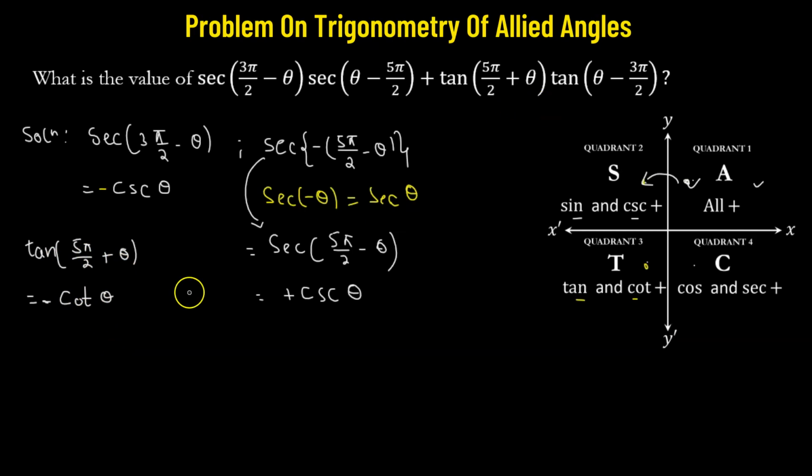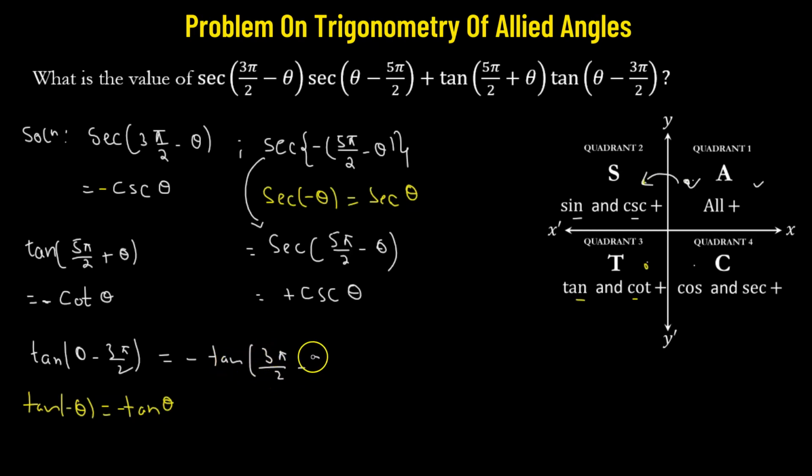And now coming to the fourth one, we have tangent of theta minus 3 pi over 2. Here also we are going to use the fact that tangent of negative theta is equivalent to negative tangent theta, because tangent is an odd function, meaning our ratio will become negative tangent of 3 pi over 2 minus theta. Here we have an odd multiple of pi over 2, so tangent changes to cotangent, and we have cotangent of theta.